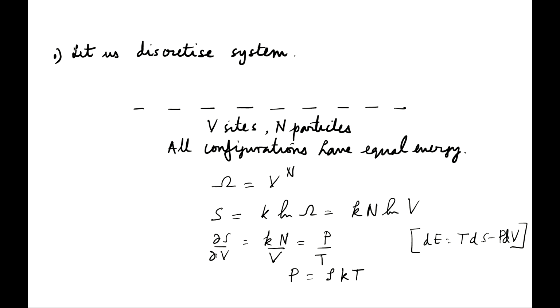S is K log omega, which is K into N times log V. I differentiate with respect to V, del S by del V is KN by V, but I know that del S by del V is P by T, so I go back to P equal to rho K T. So this is ideal gas on a lattice. Previously we had done ideal gas in a continuum, now we got ideal gas in a lattice.